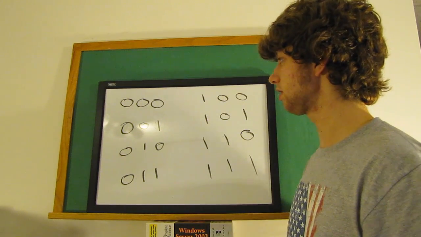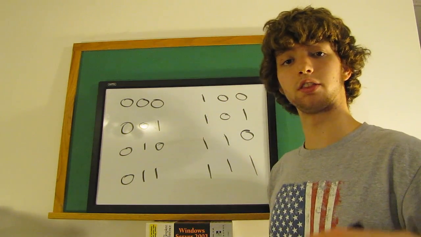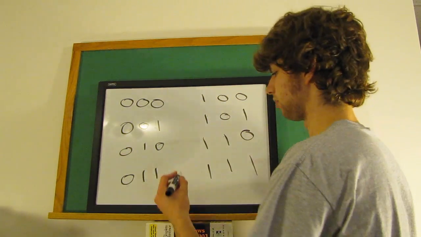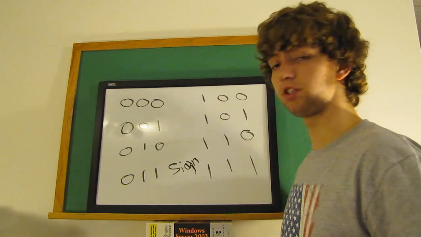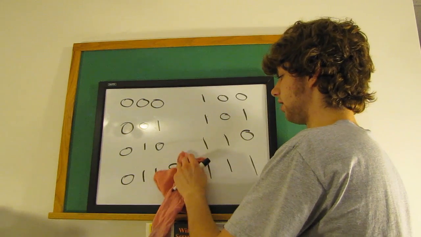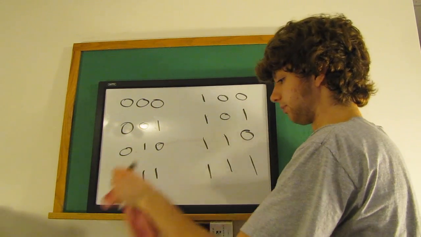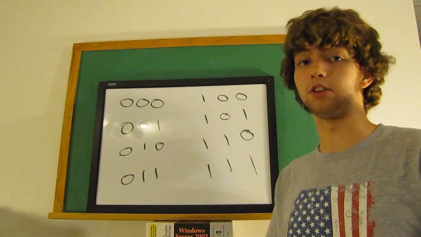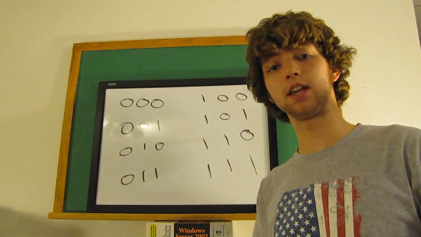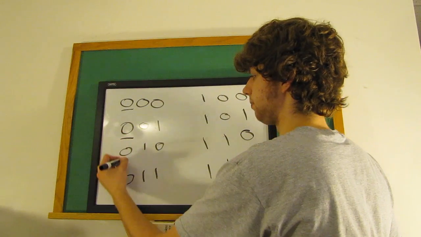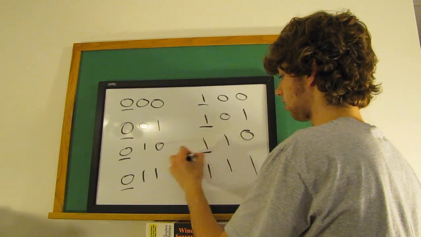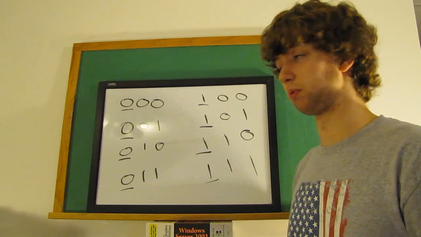Now I want you to look at this. When you're working with numbers, you may run into something known as a sign. And we often use this to represent negative numbers in binary. So, yeah, you may have wondered that. How do you represent negative numbers? Well, we use the sign, and it's the first bit within a bit word.